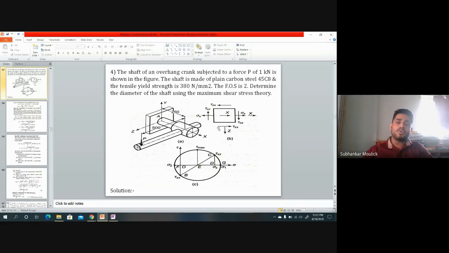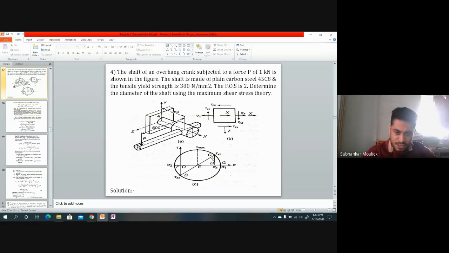If I have taken clockwise moment as positive, I have to take this anti-clockwise moment as negative. That means 0 comma minus tau zx is the coordinate point for this plane. So you have to go downward to this particular point. This is your tau zx, and tau zx is equal to tau xz.